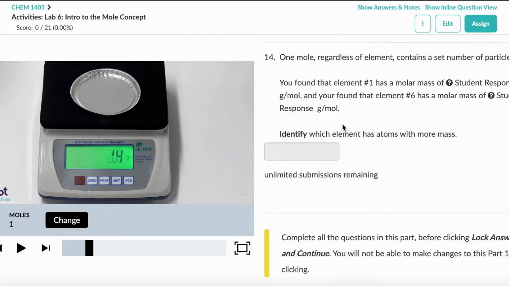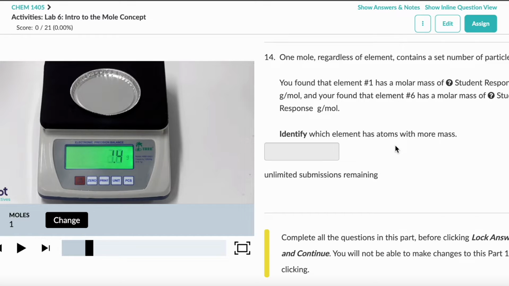So now we are relating what molar mass is and how that relates to atomic mass. So if you found that element 1 has an XYZ, whatever number you happen to get, grams per mole, and you were comparing the two, identify which atom has a larger mass, which element has atoms with more mass.